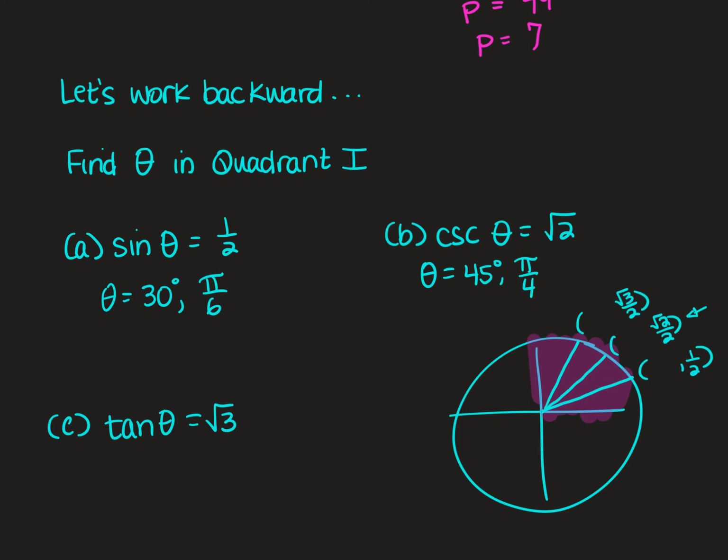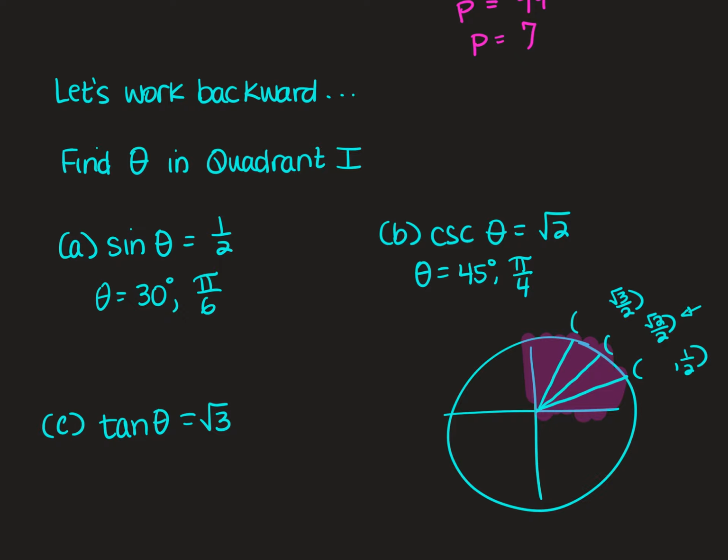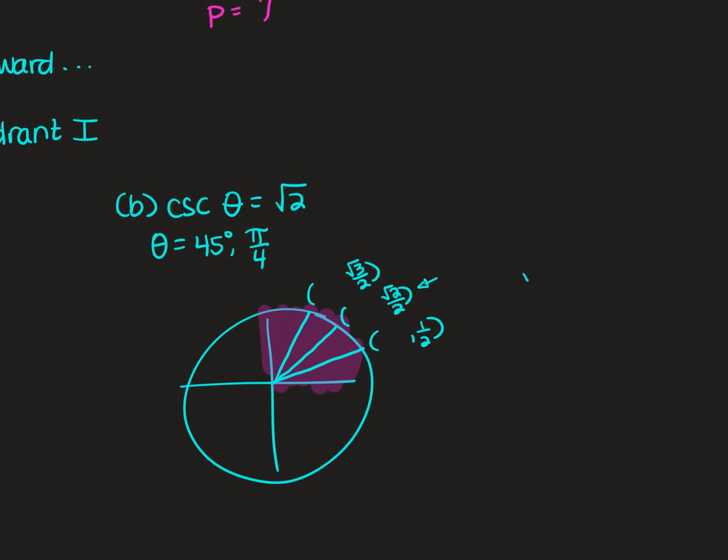Now, I could check that. What if I take radical 2 over 2 and flip it? Okay, so if I take radical 2 over 2 and flip it to get my cosecant, I get this. And then I would have to multiply by radical 2 over radical 2. And I get a giant 1. So yes, the cosecant of 45 degrees is radical 2.